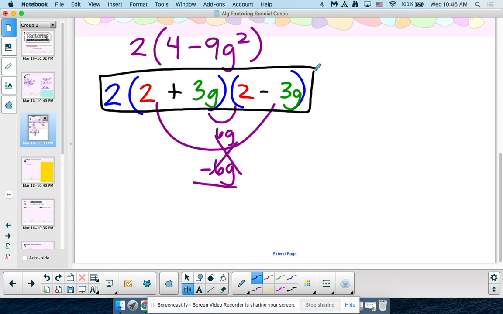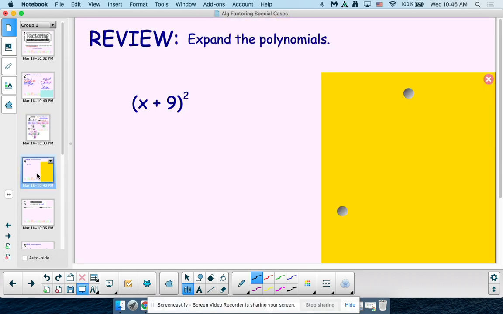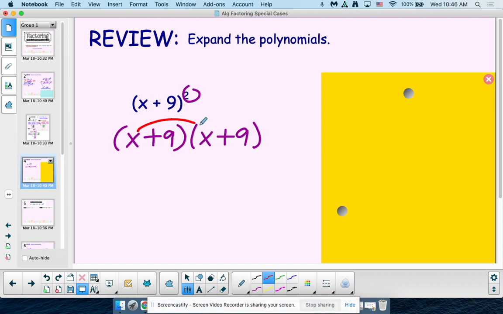Now let's bring it back a second for the next part here. Do you guys remember what you're supposed to do when you expand this polynomial? Remember that squared means you're multiplying it by itself, so I'm really taking it times itself twice. If we FOIL this out, that's x squared, 9x, another 9x, and finally 81.